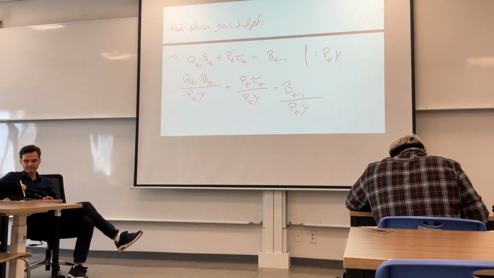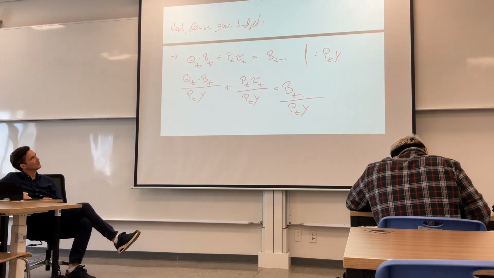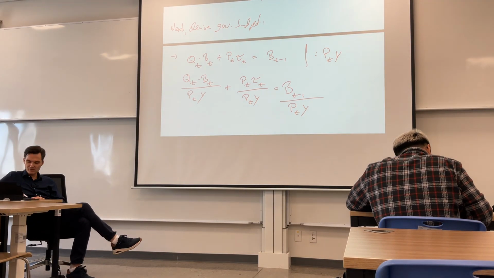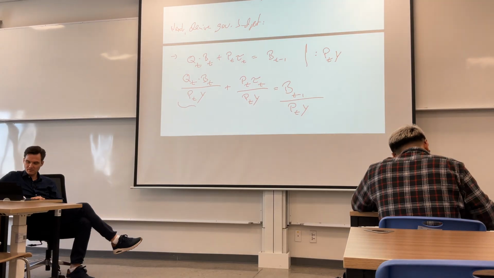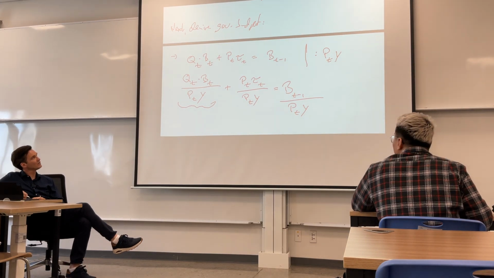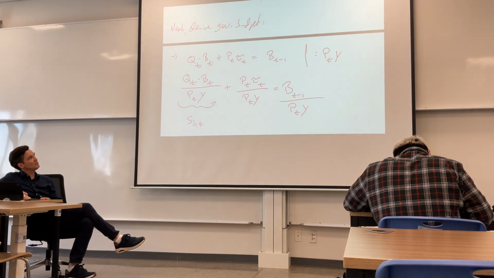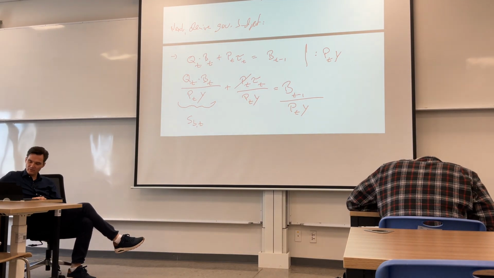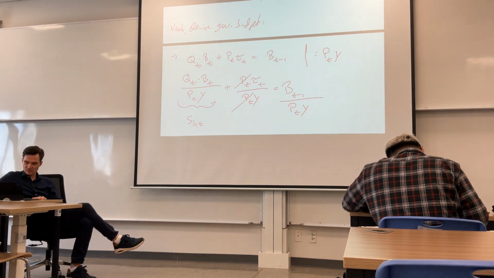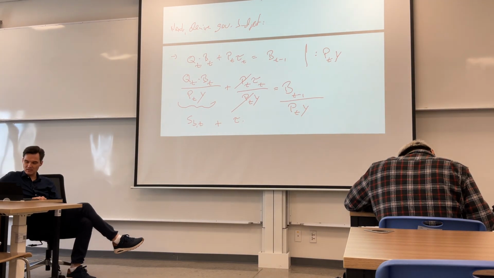Okay? And then you see already great things happening here, because this is nothing else than just SB_t, the nominal debt to GDP ratio. That's good. Then we can cross out those P's here, so we're going to have tau_t divided by y.